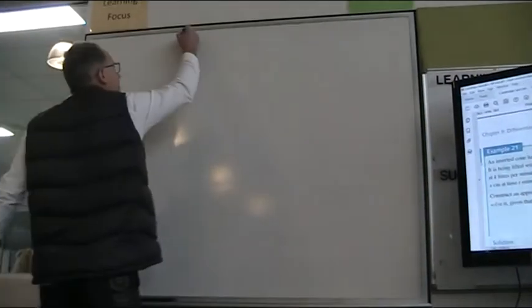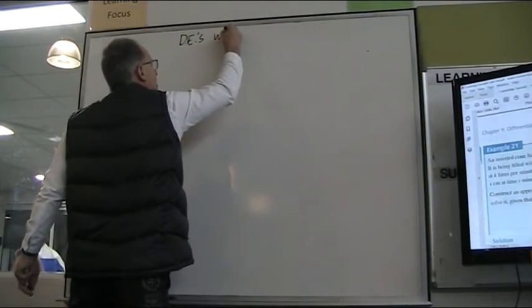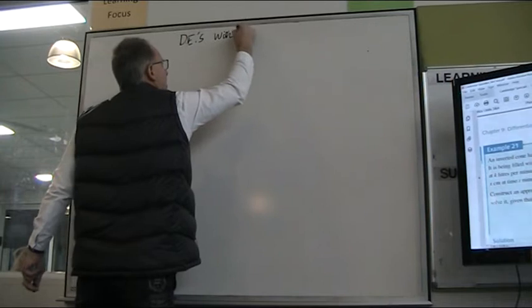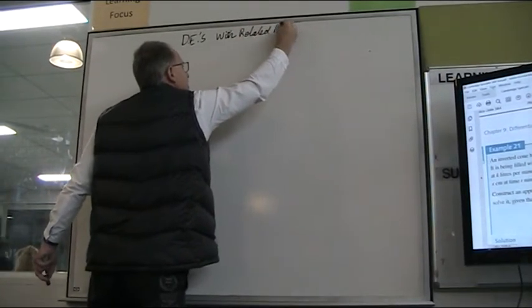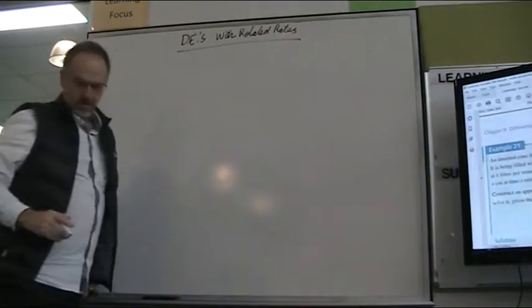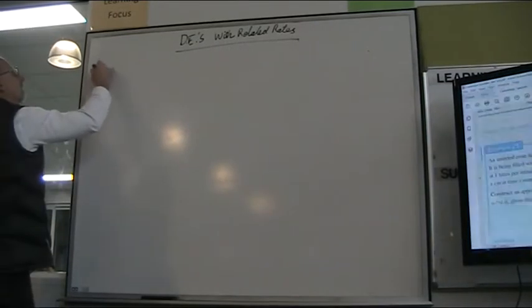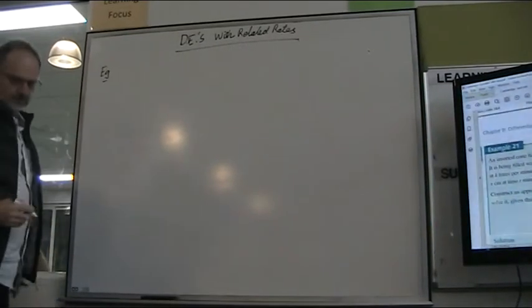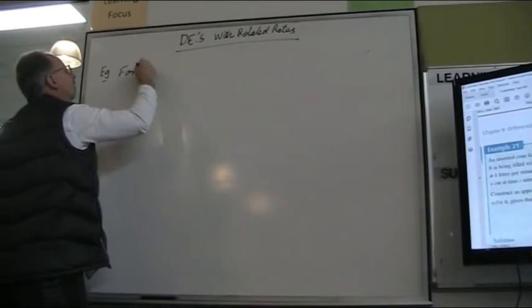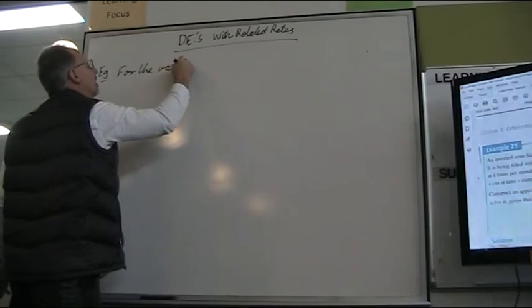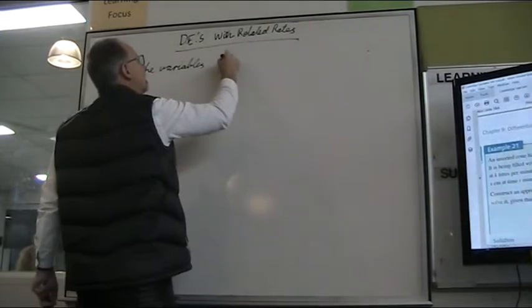So, differential equations with related rates. Alright, so first up, example: all the variables x, y and t.